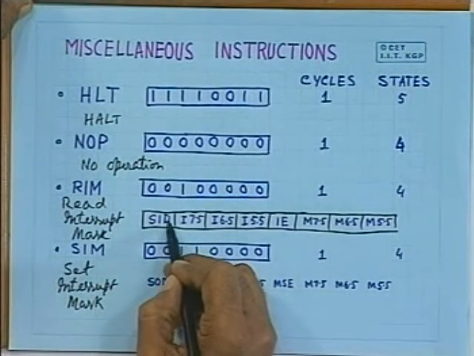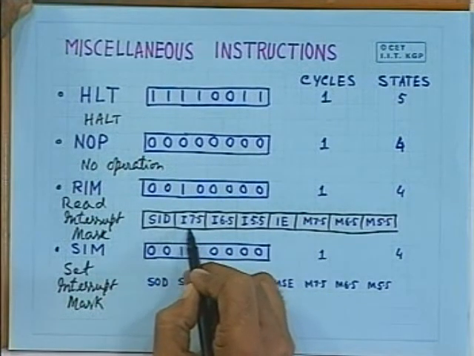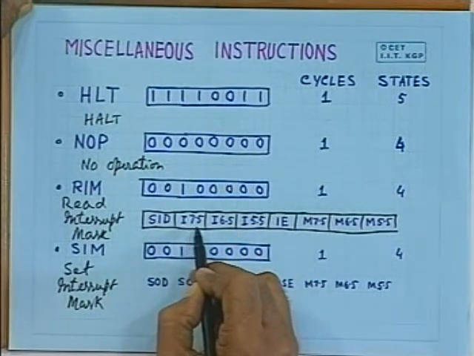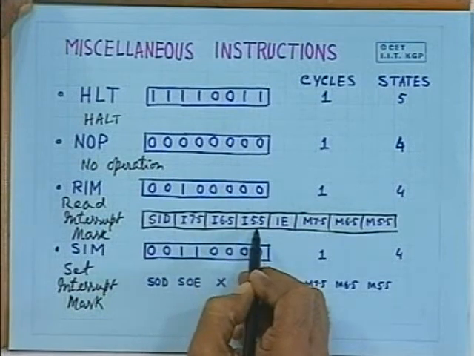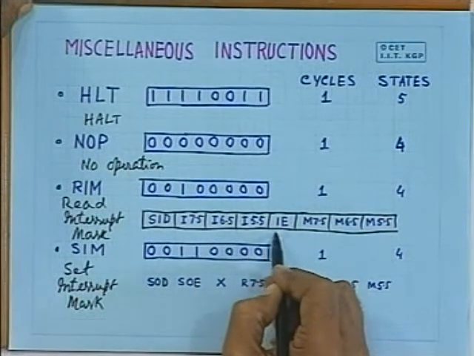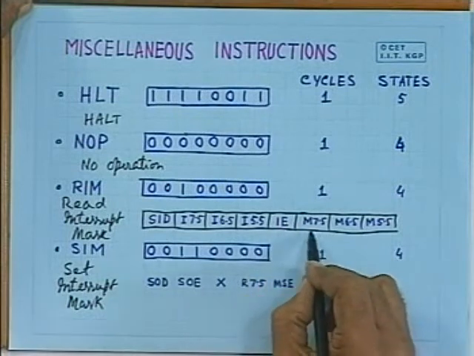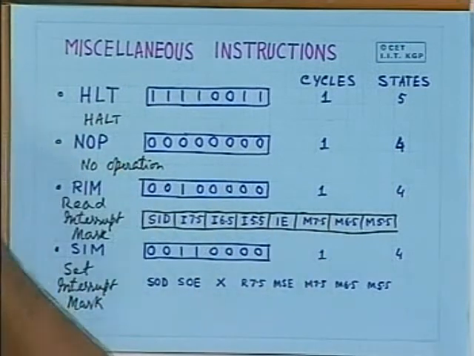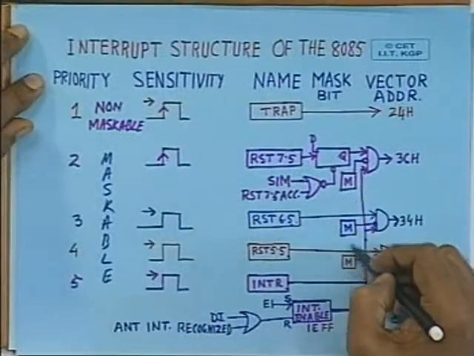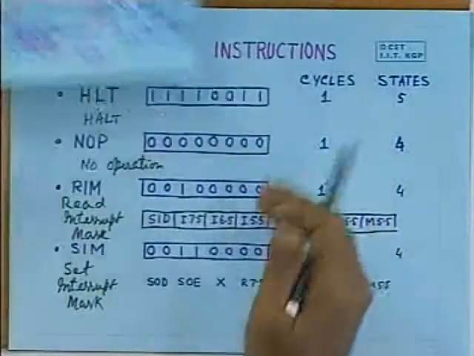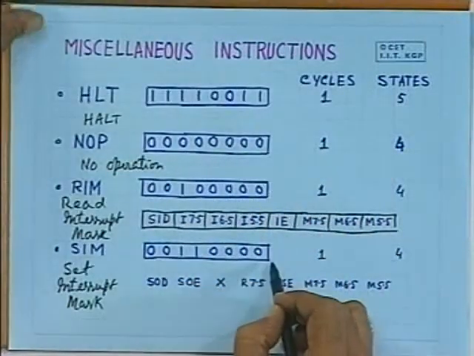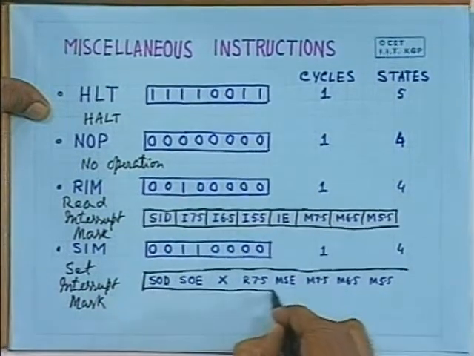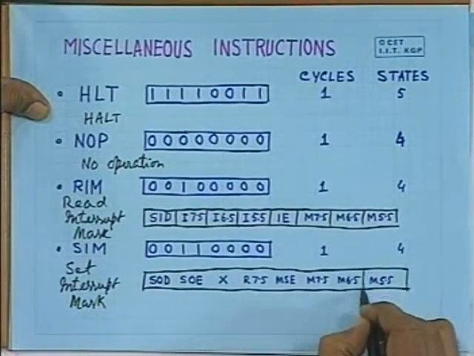You can read some data coming on the serial port, and also you can read the status, and you can see whether there is any interrupt pending on the 7.5, 6.5, 5.5 lines, and also you can see the status of the interrupt enable and the various mask bits, 7.5, 6.5, 5.5, as you have seen here. These mask bit statuses you can read, and using set interrupt mask, you can set the mask bits, and the content is shown here.